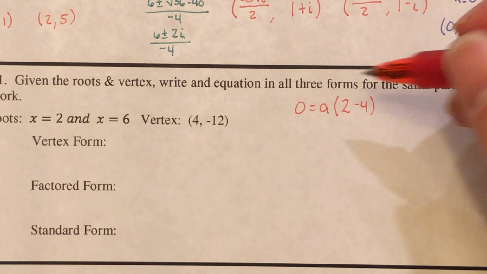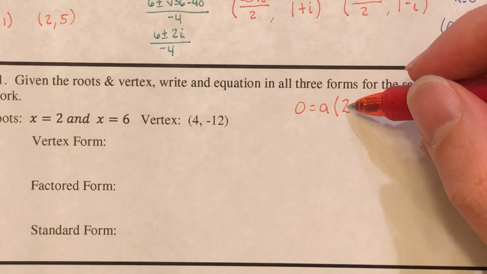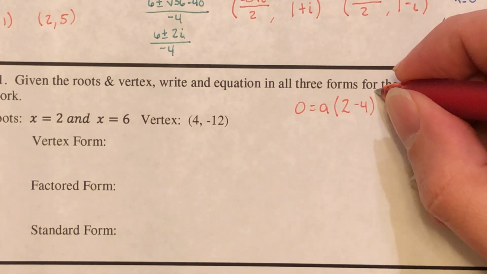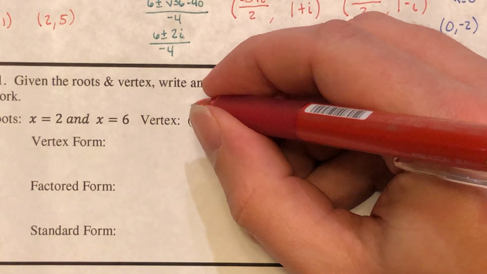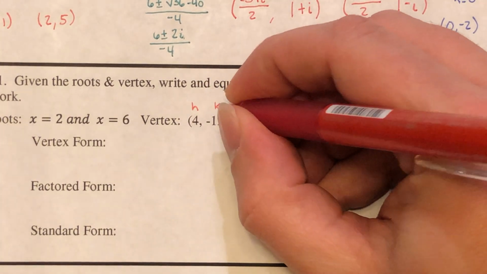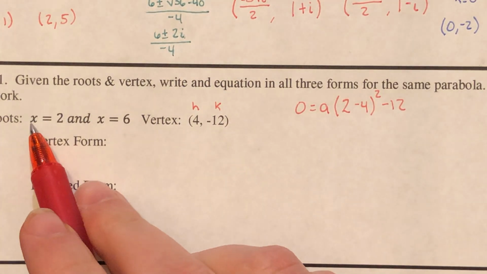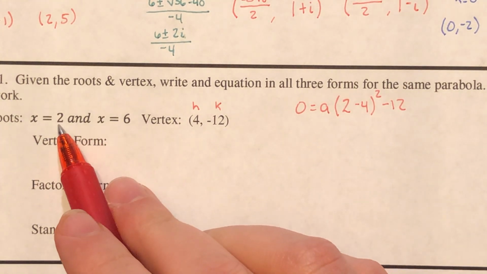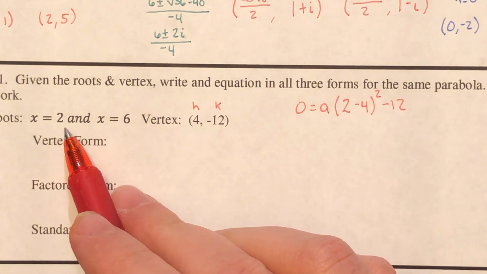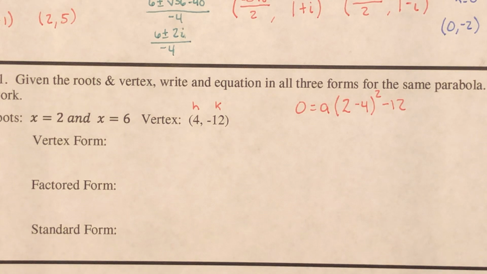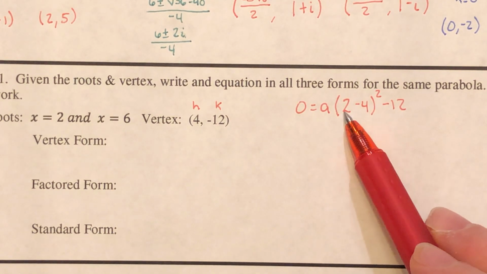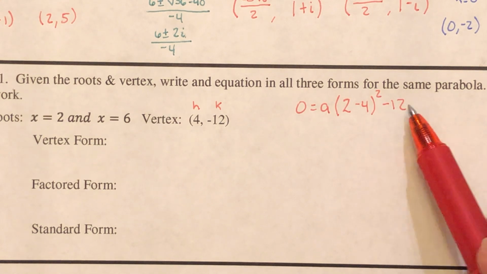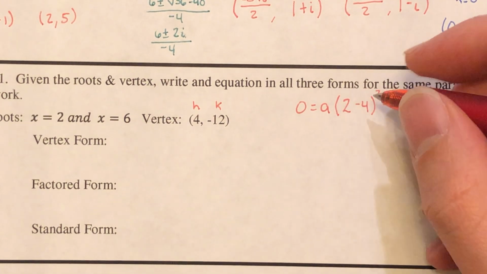So vertex form is y equals a(x minus h) squared plus k. My vertex gives me h and k values. My roots give me x values, and the corresponding y value with that is going to be 0. So I've got 0 equals a times (2 minus 4) squared minus 12.